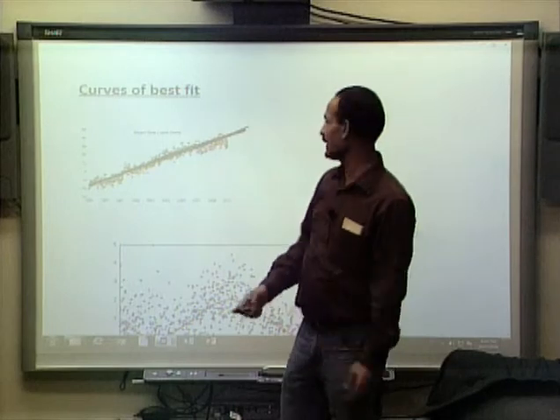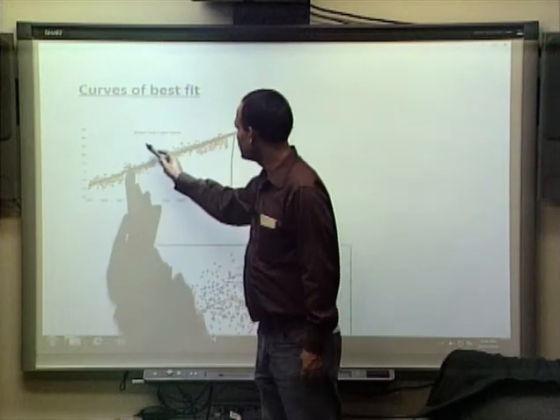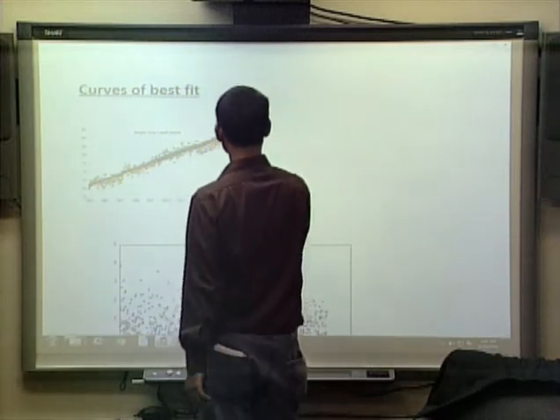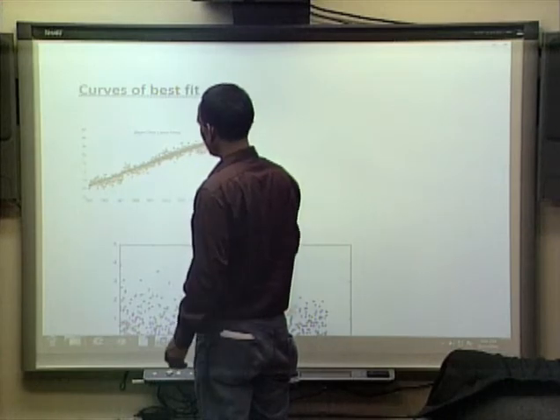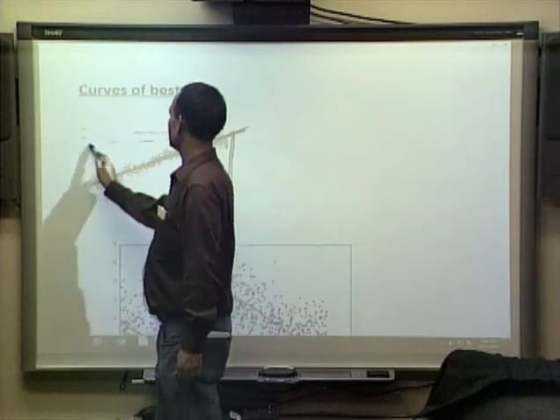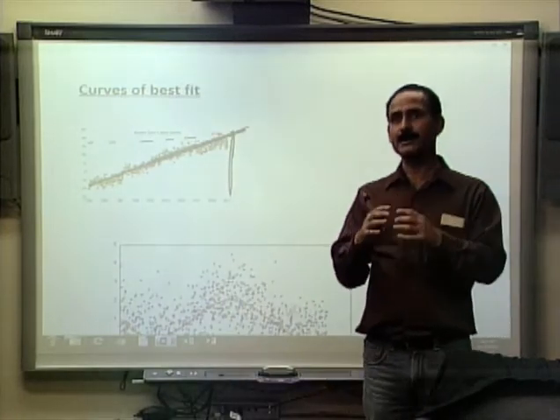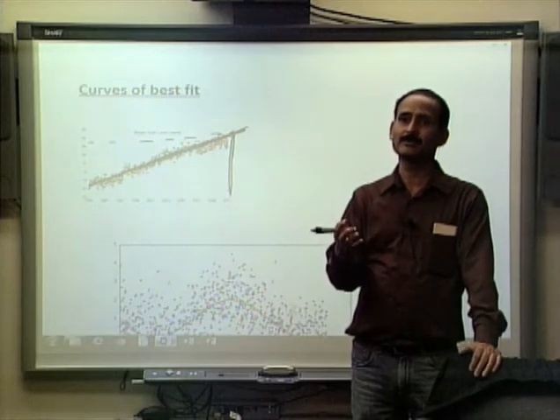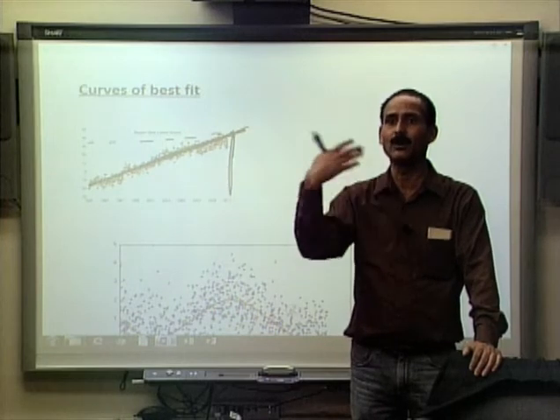We can say, if x is 2001, y, which is the mean sea level, is about 35. So finding the best fit curve has an advantage, because once we have it, we can make predictions and inferences about unknown things.